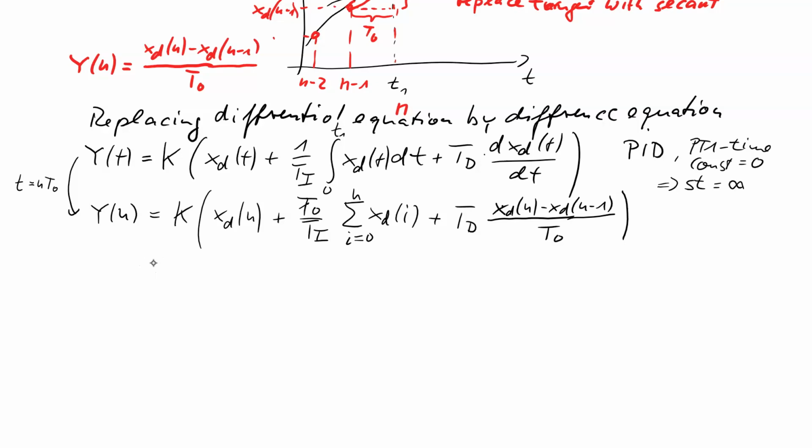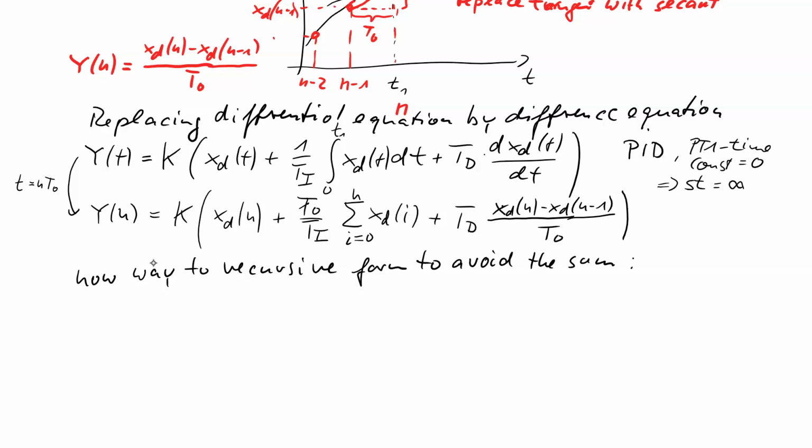I show you now the calculation way to the recursive form to avoid the sum. I call this equation 1, and I add a second equation where I make a copy of the complete algorithm by replacing the n with n minus 1.